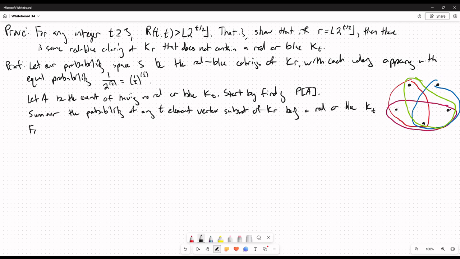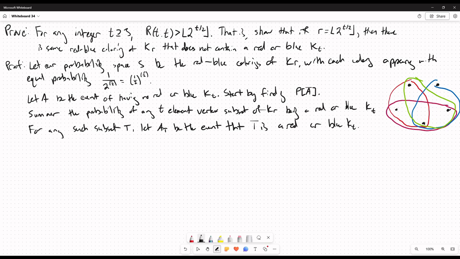For any such subset, we'll call it T. Let A_T be the event that it's monochromatic, that T is a red or blue Kt. What's the probability of that happening?